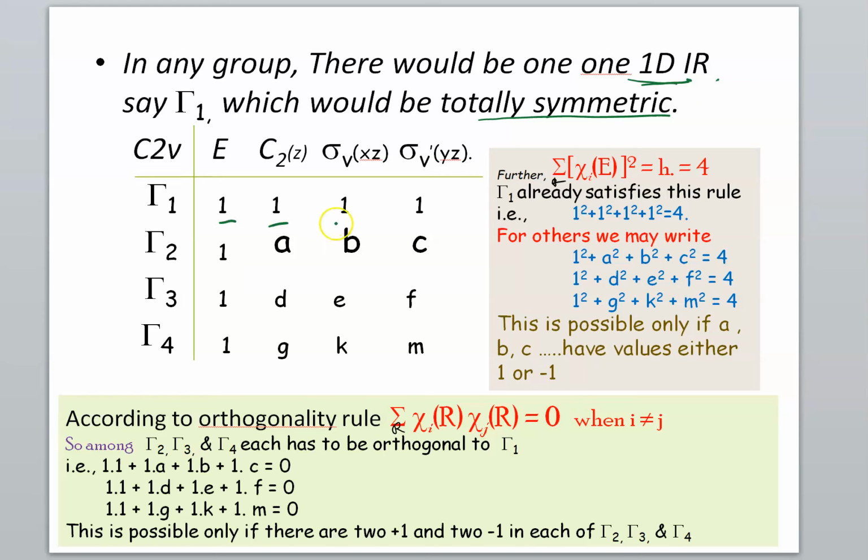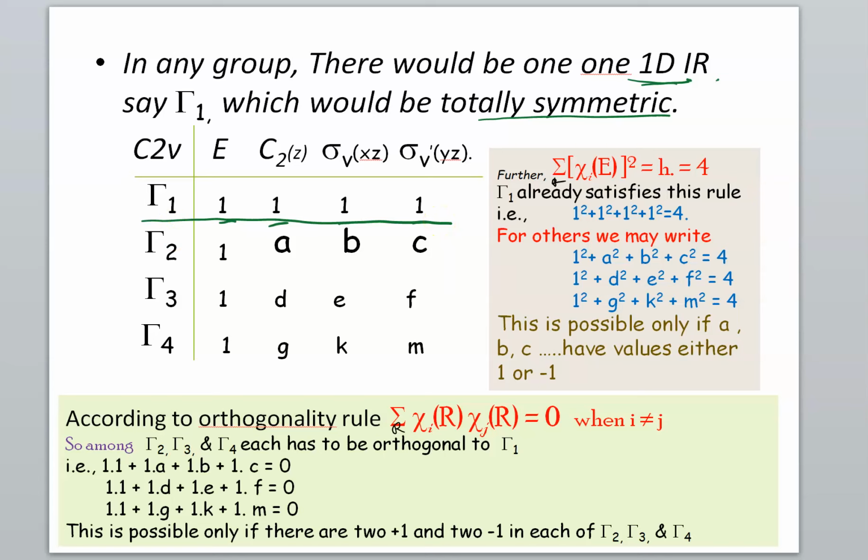Totally symmetric means all the characters are equal to 1. So in every point group, the first irreducible representation should be like this, a one-dimensional representation with all characters 1. We are denoting it as gamma 1, an arbitrary notation.